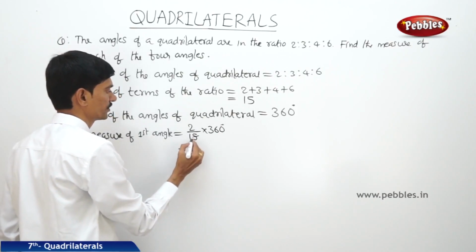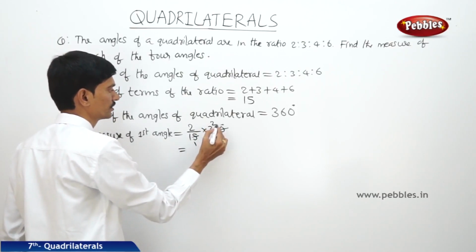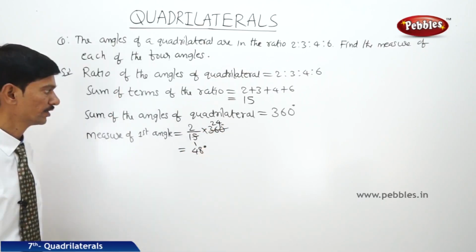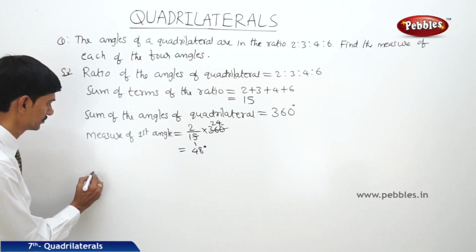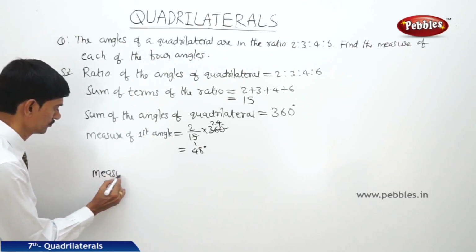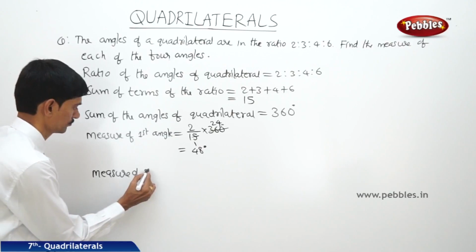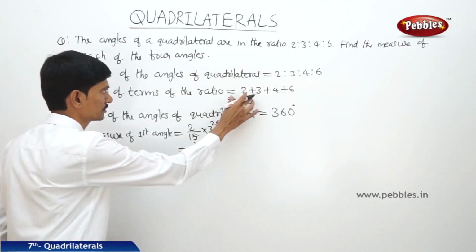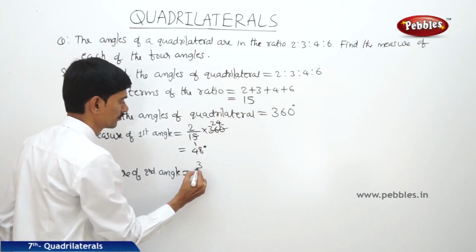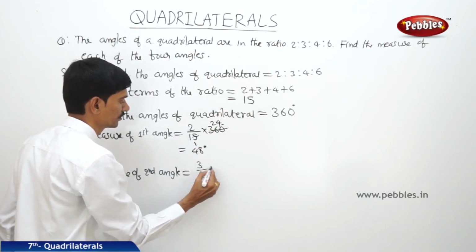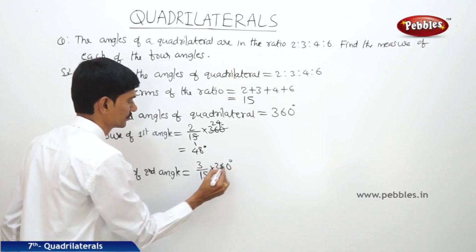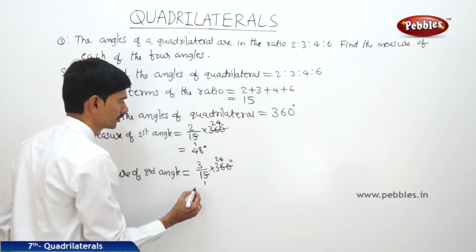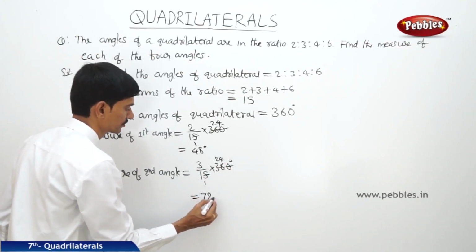So this equals 15 1s are 15, 15 2s are 30, 15 4s are 60, 24 2s are 48 degrees. Now the measure of the second angle equals the second term in the ratio, 3, by the sum of the terms in the ratio, 15, into 360 degrees. So here also we can cancel 15, 24 are 360 degrees, 24 3s are 72 degrees.